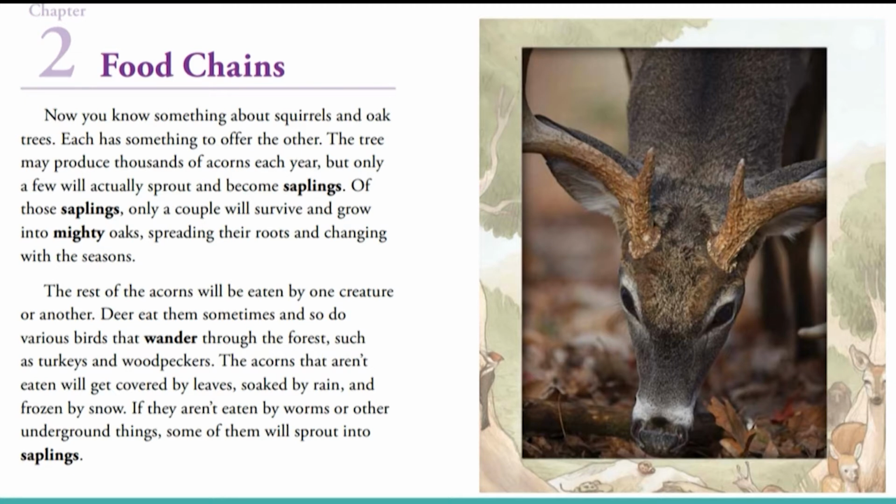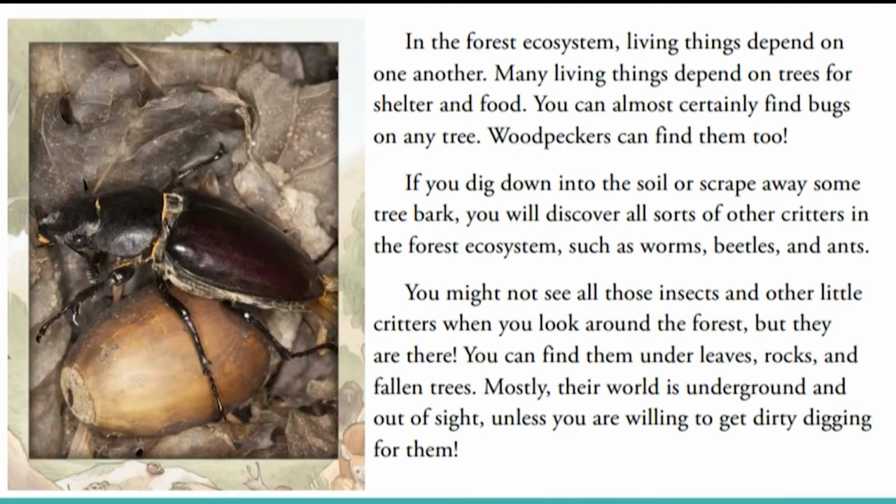The rest of the acorns will be eaten by one creature or another. Deer eat them sometimes, and so do various birds that wander through the forest, such as turkeys and woodpeckers. The acorns that aren't eaten will get covered by leaves, soaked by rain, and frozen by snow. If they aren't eaten by worms or other underground things, some of them will sprout into saplings.